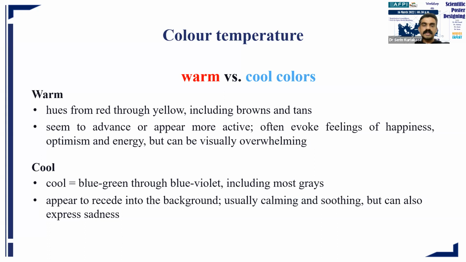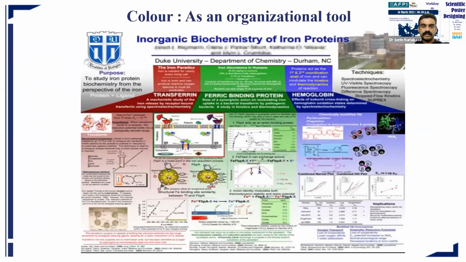So please make sure that you select the proper color tone. Again, another poster, I won't say this is a good one because there are so many flaws in this poster, but I would like to demonstrate the organizational way of using colors. They have divided the entire poster into 3 columns, so that everything is divided into 3 and 3. That organization I want to highlight in this poster.